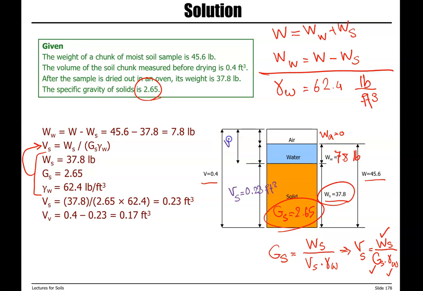So volume of void is total volume minus volume of solids, which is 0.4 minus 0.20. So this is our volume of void, which is 0.17 cubic feet.